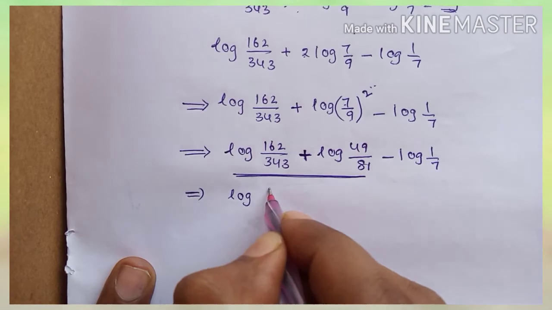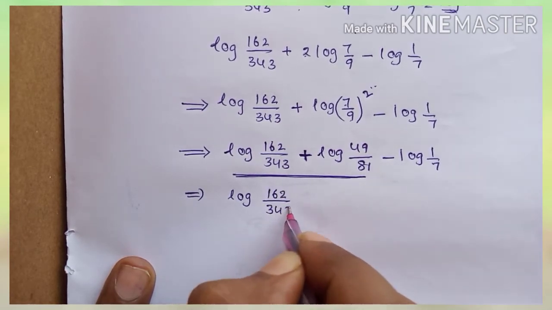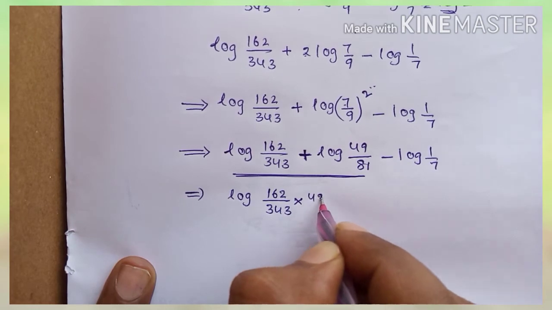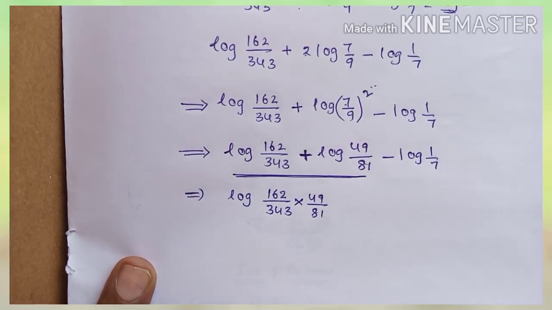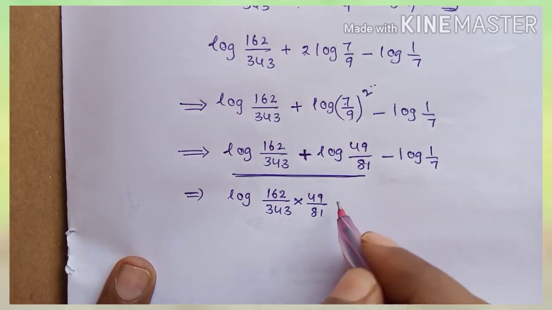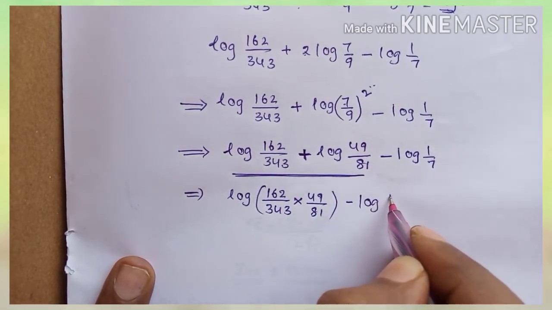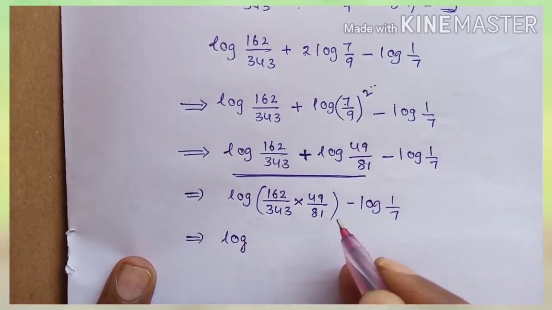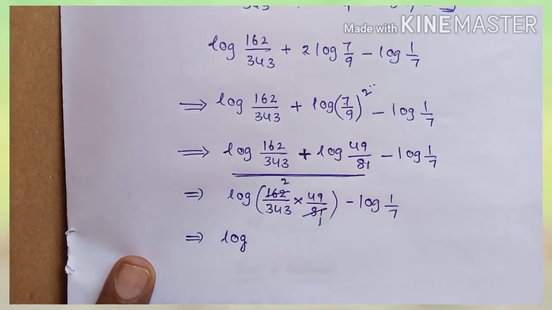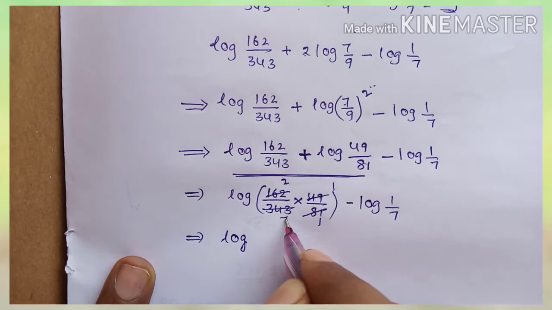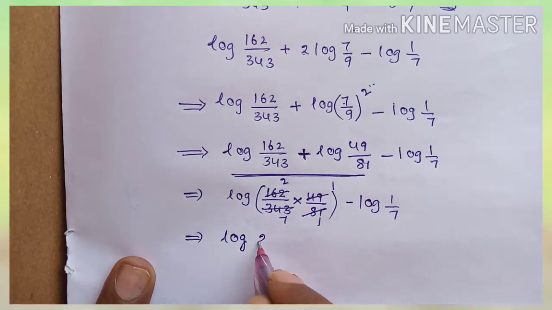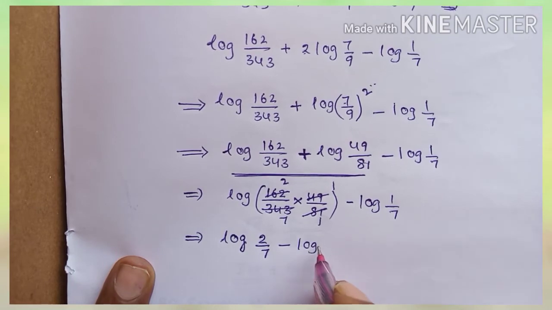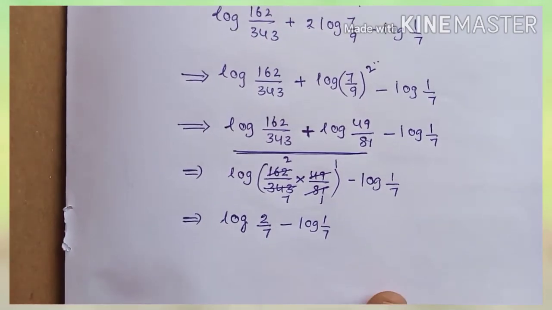So logarithm of 162 by 343 into 49 by 81, because the formula log A plus log B is equal to log of A into B, minus log 1 by 7 stays the same. Now the next one, logarithm of: cancel 81, ones are 81, twos are 162; 49 ones are 49, sevens are 343. The remaining value is 2 by 7 minus log 1 by 7.